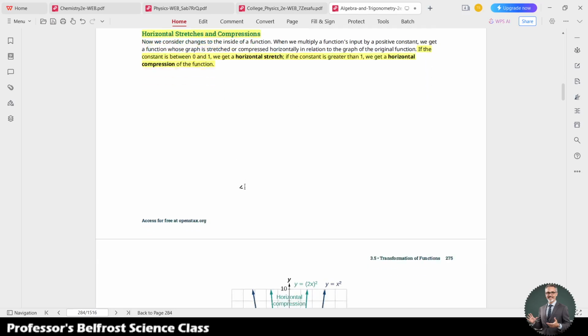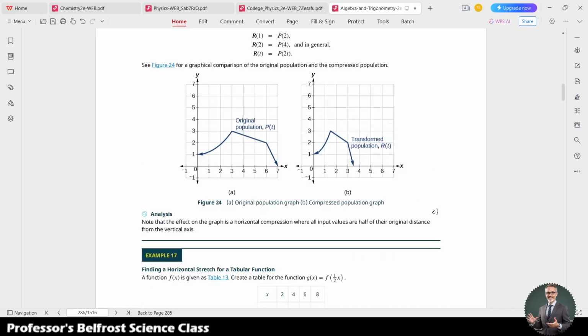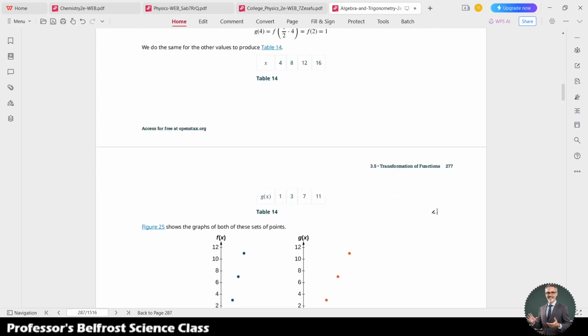Okay. So this is the one that's shown. For example, x squared is the original one, which is the blue line. Then (2x) squared, the one with a greater constant, means that we compress it horizontally.